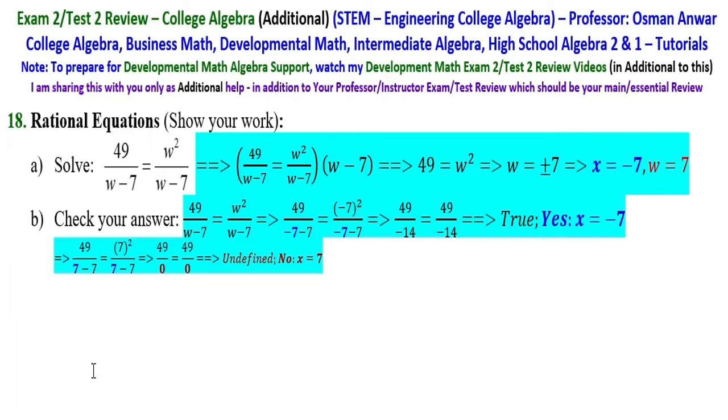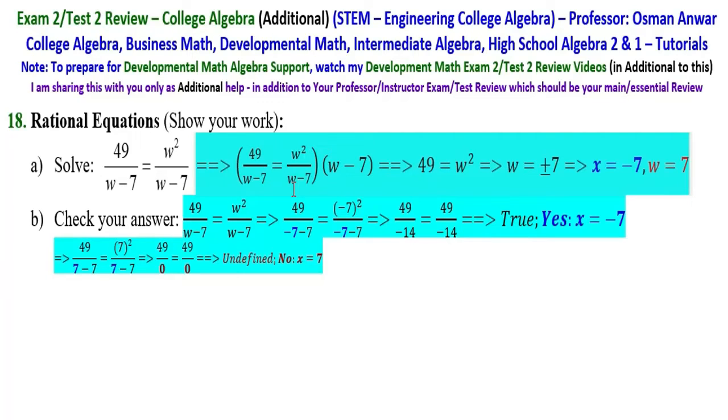Again, rational equation. Number 18 is a rational equation. Solve 49 over w minus 7 equals w squared over w minus 7. So now multiply top and bottom by the lowest common denominator, which is w minus 7. 49 over w minus 7 times w minus 7, w minus 7 cancels w minus 7, that's 49.